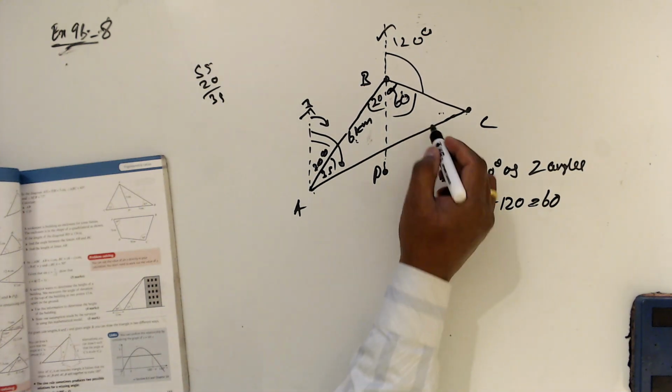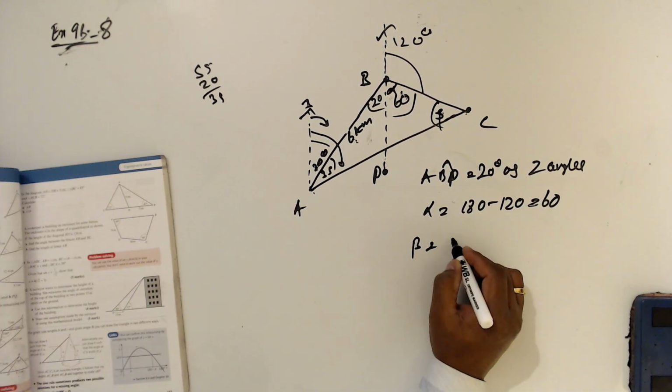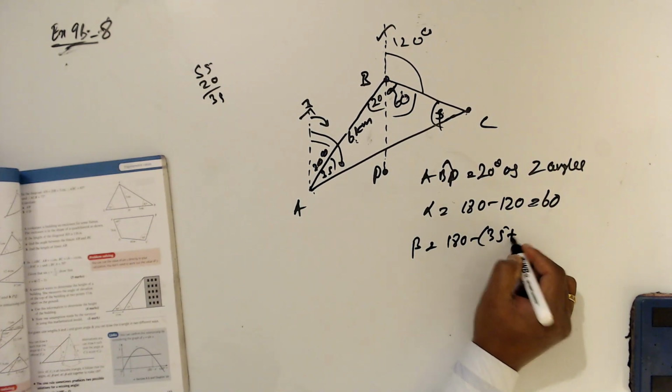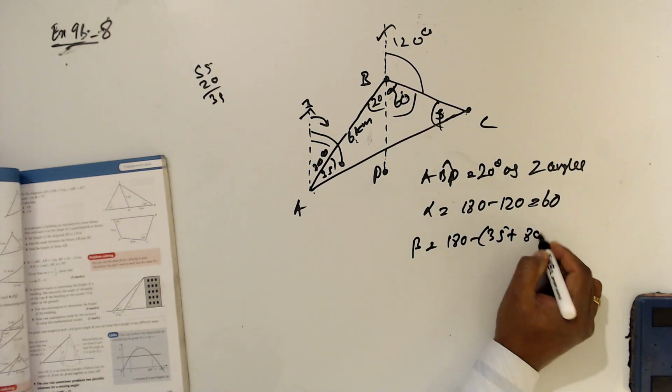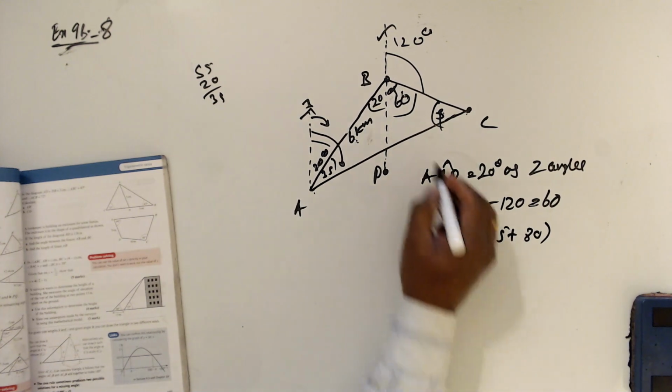Now beta equals 180 minus 35 plus 80, which is 65.